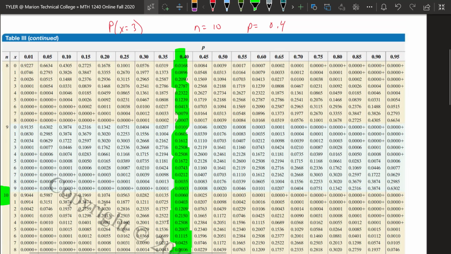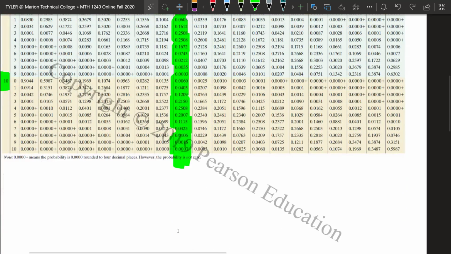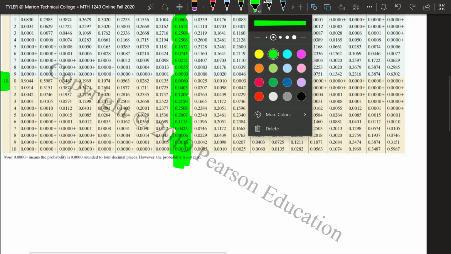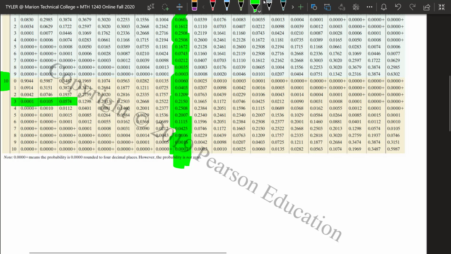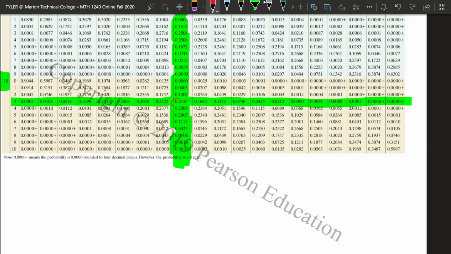So then my x value was 3, so that would be this row. So then where those intersect, there's my magic number that I'm looking for. The probability that x equals 3 in this case is 0.2150. Right, so that matches up consistently with what we found in StatCrunch, the table, and what we calculated by hand.